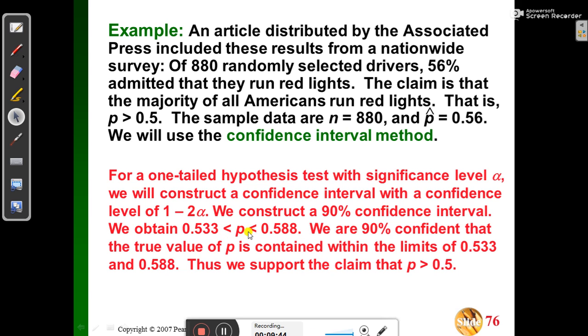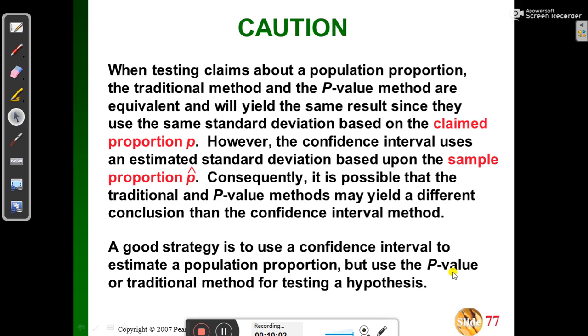We are confident that the true value of p is contained because 0.56 remains in that area, within the limits of 0.533 and 0.588. Thus we support the claim that p is greater than 0.5.